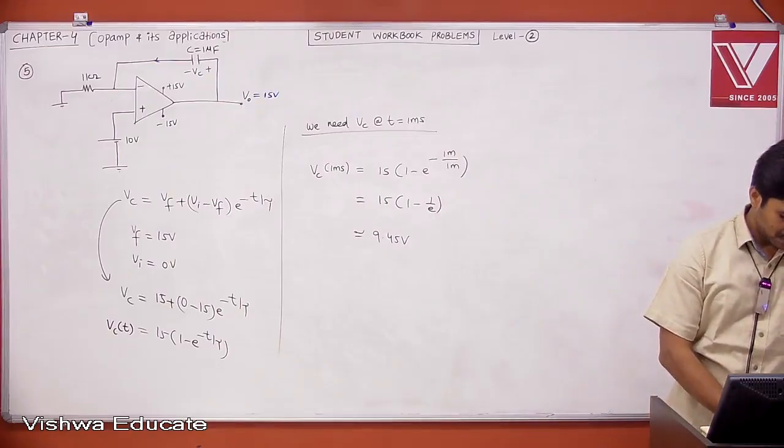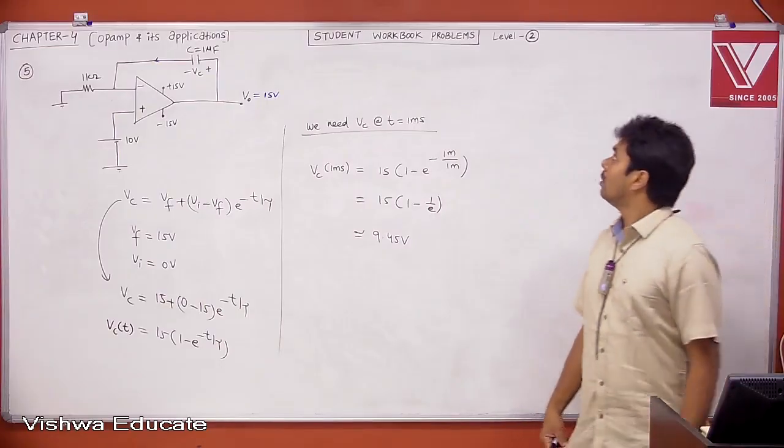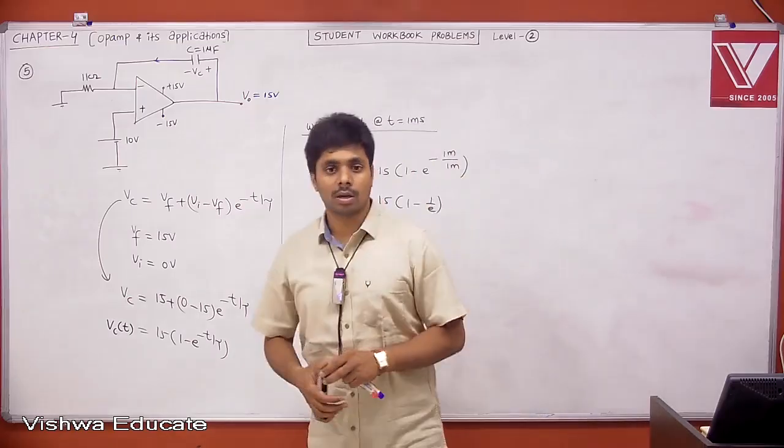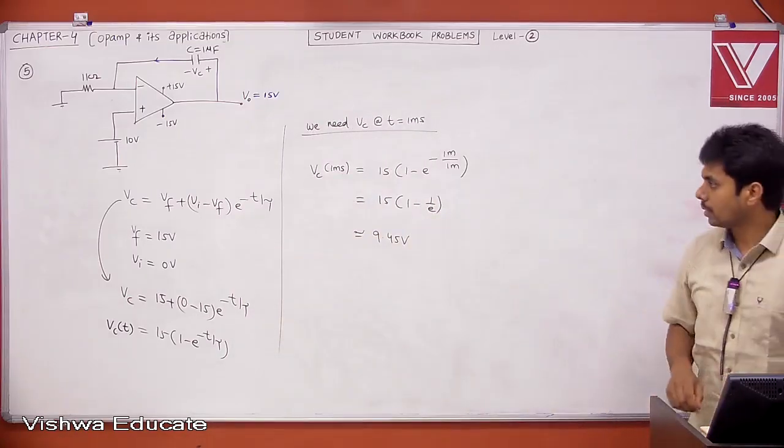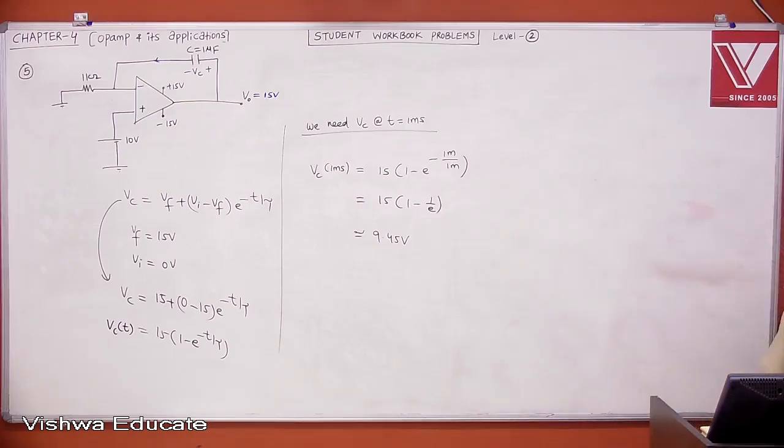With this I can say chapter 4 is done. Level 1, level 2 problems are also over. Now we can go to chapter number 5. I'll give you 1 minute, try to write it.